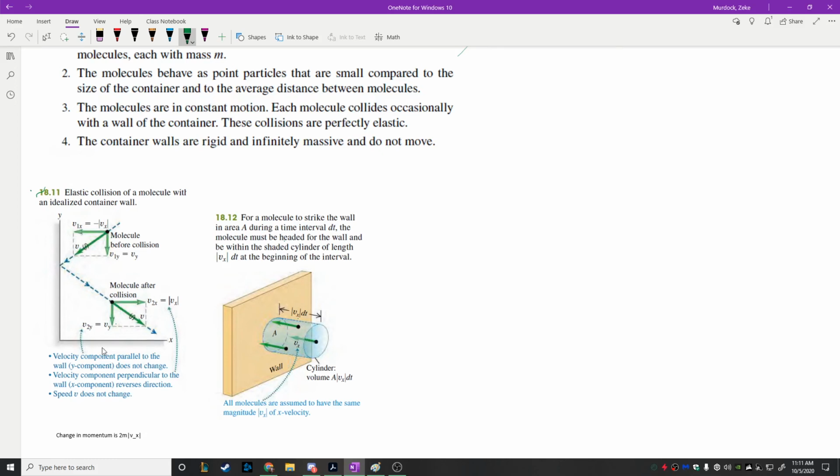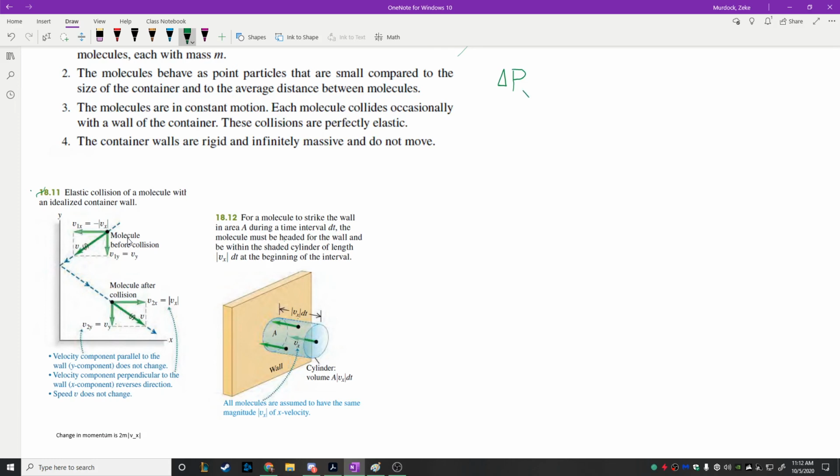So that's what we see happening, and I wrote down here that the change in momentum is going to be 2 times m times vx, right? And so I'm going to write that up here, the change in the momentum of our particle. I actually have to use what the book does, which is capital P for momentum.